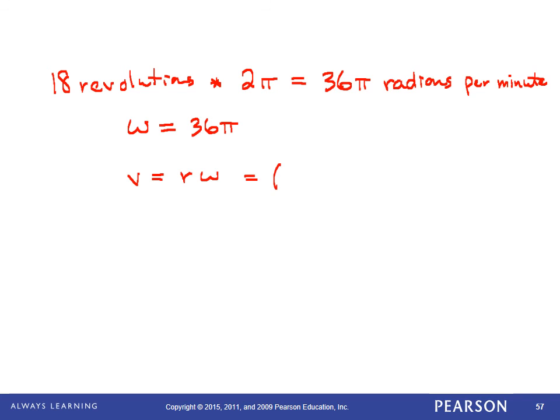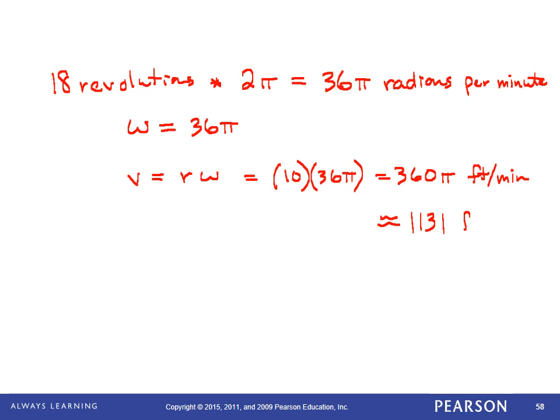And so we have a radius of 10 feet times 36 pi. And we get a result of 360 pi, and this is in terms of feet per minute. Approximately, it's 1,131.97 or 1,131 feet per minute.